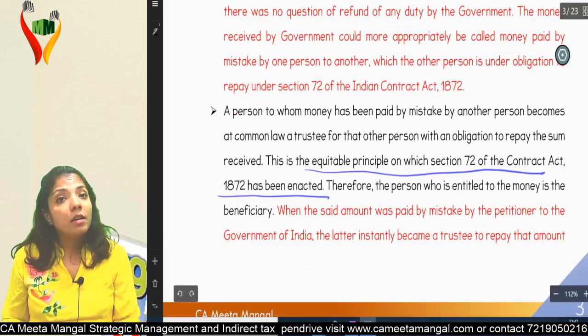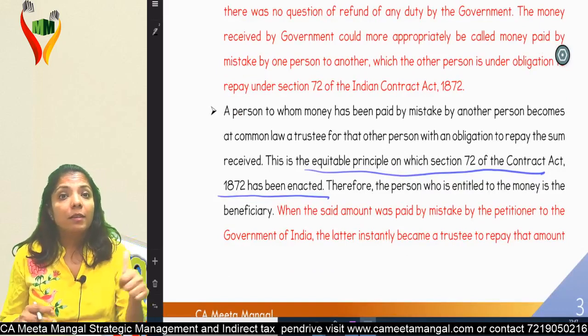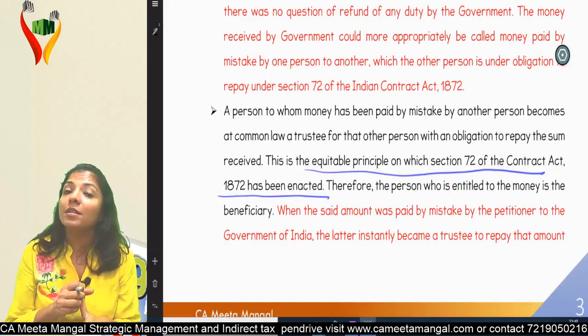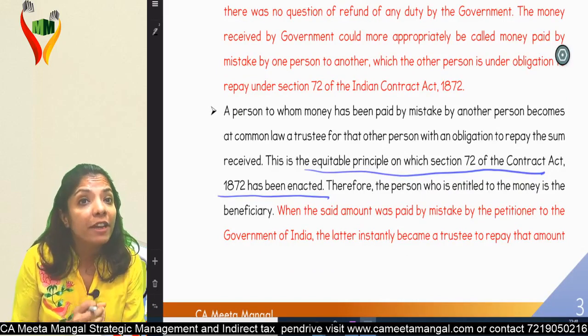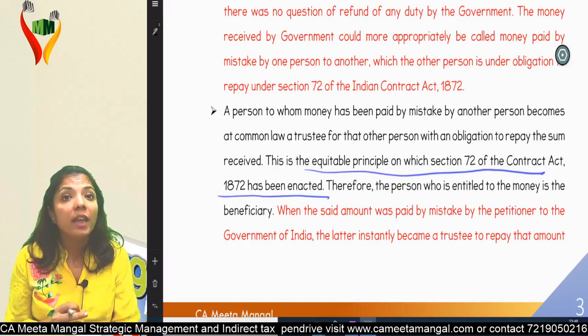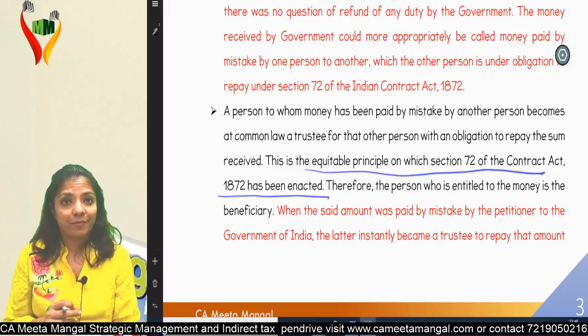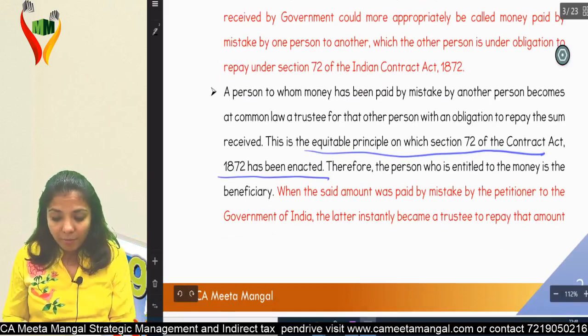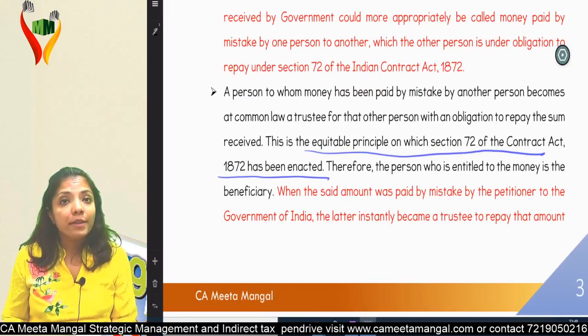Therefore, the person who is entitled to the money is the beneficiary. The person who has the money is called the trustee, and the person whose money the trustee has is called the beneficiary, and it is the duty of the trustee to give the money back to the beneficiary. The said amount was paid by mistake by the petitioner to the Government of India.